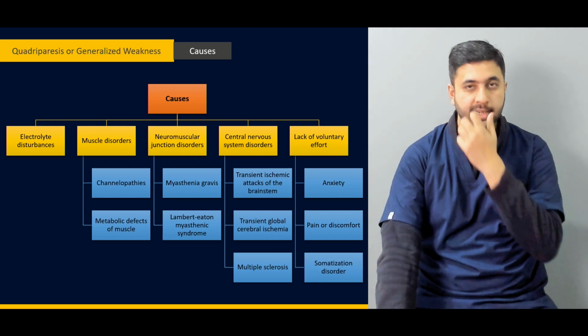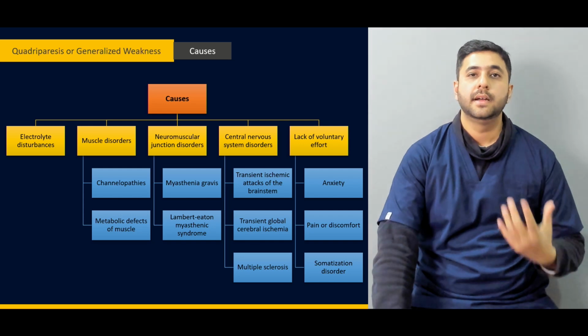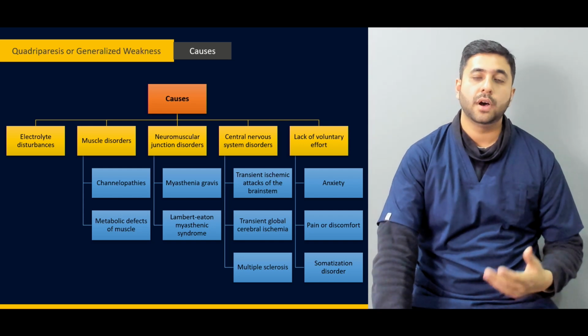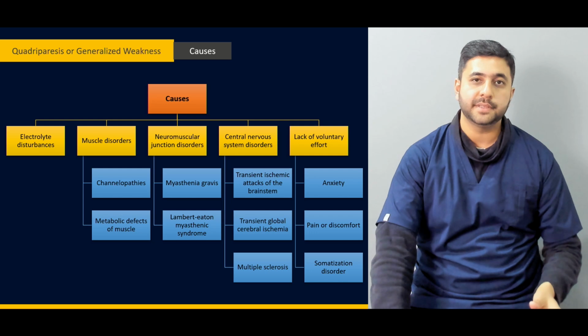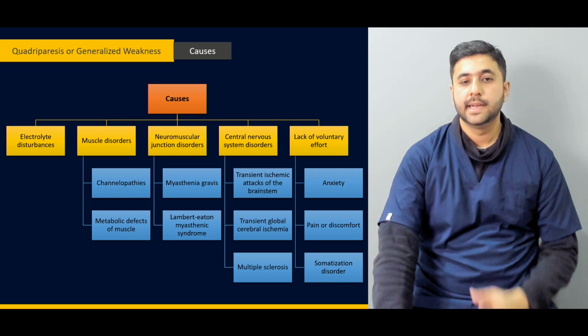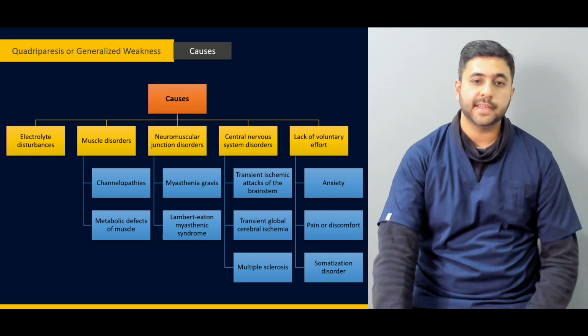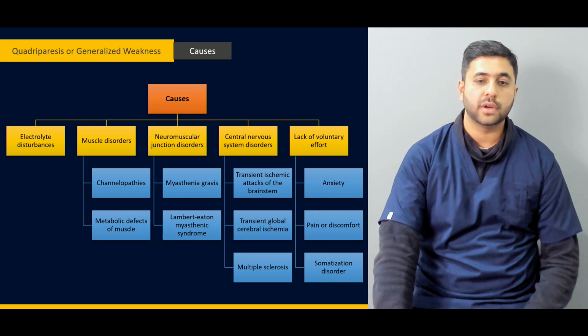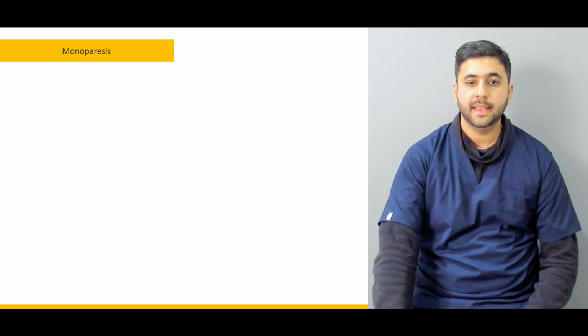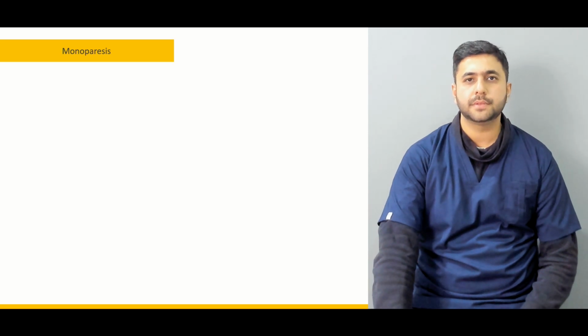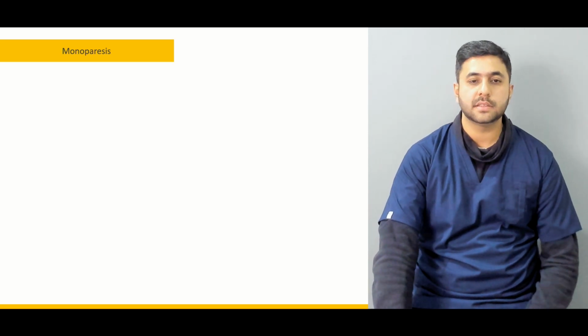Somatization disorder is basically the term which we use for the functional or organic representation of a psychiatric disorder. This gives us a very good overview of the various things that can cause quadriparesis or generalized weakness. Now let's look at certain terms which are related to weakness.